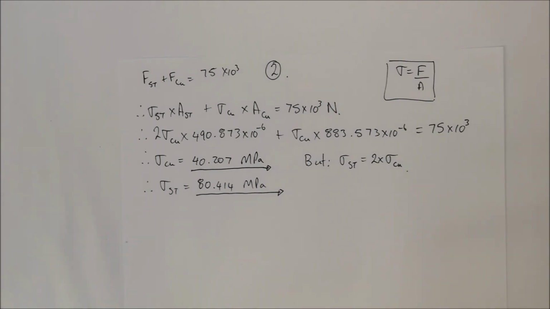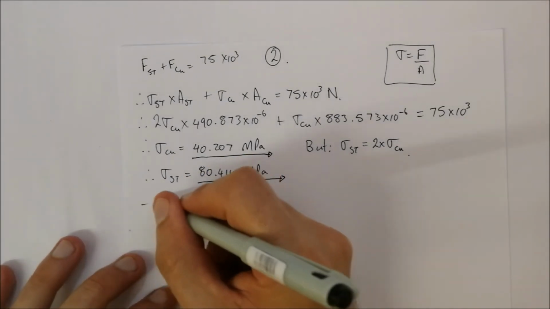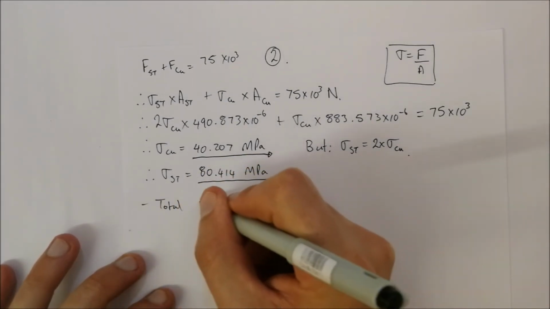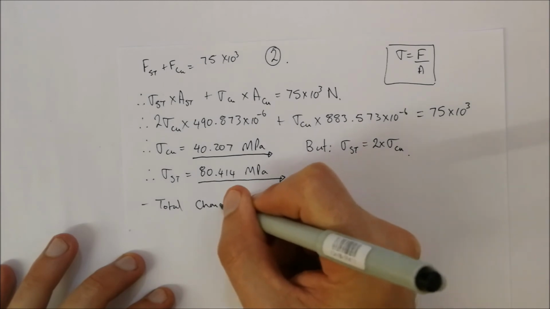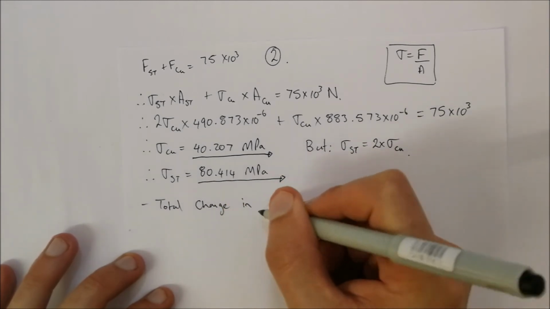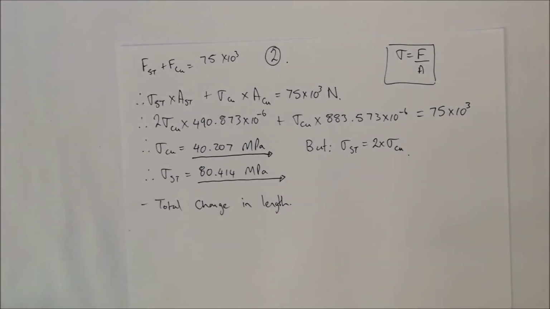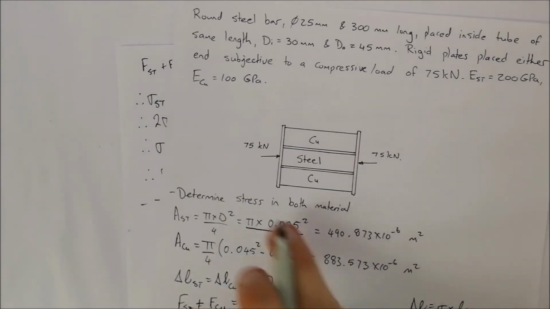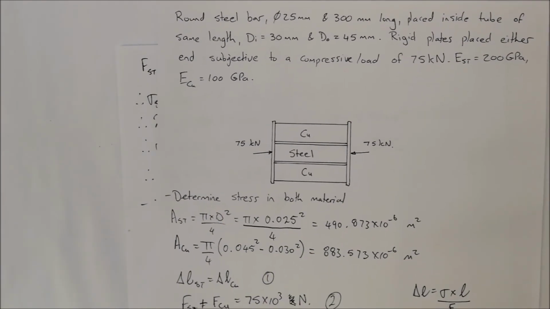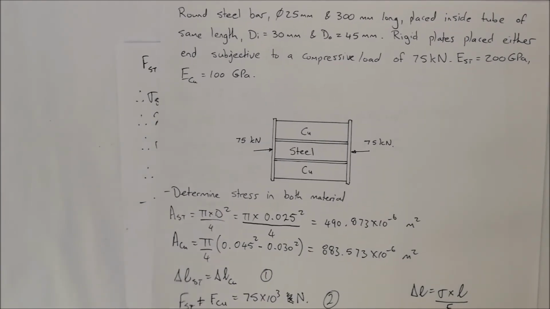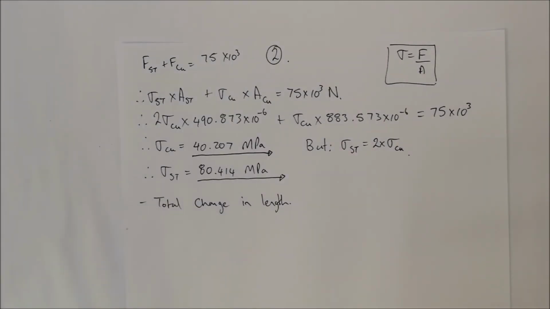Okay, now that we've done that, the next thing we're going to be looking at is the total change in length. We're looking at the total change of this complete composite system, that's the copper and the steel.